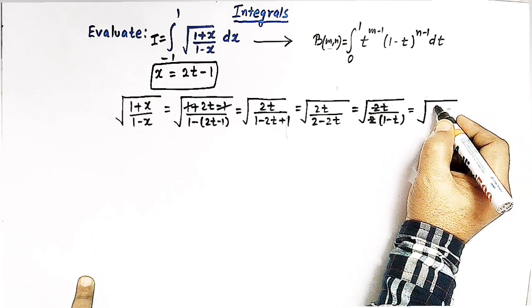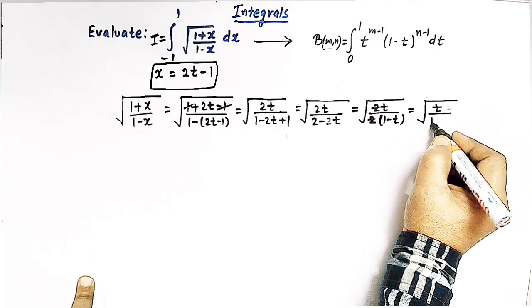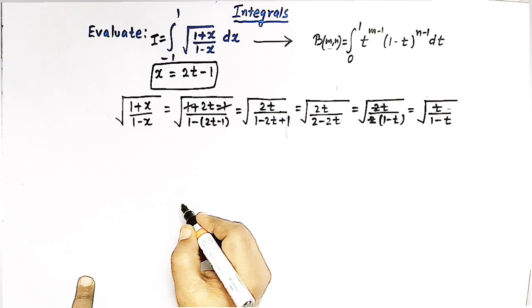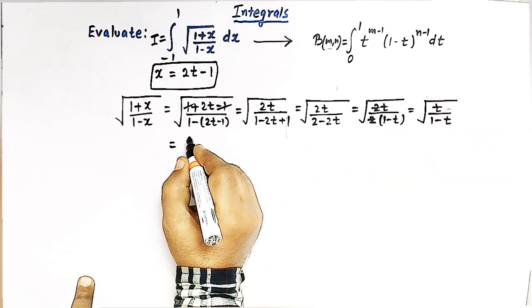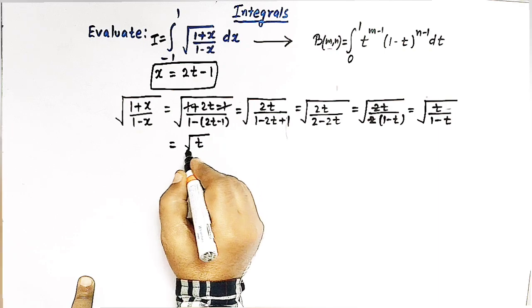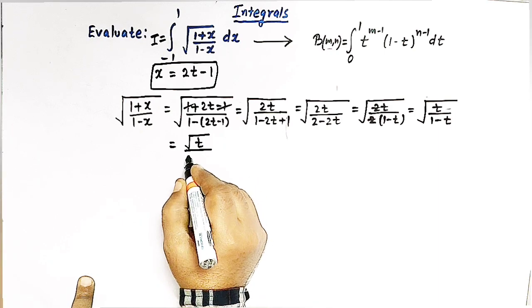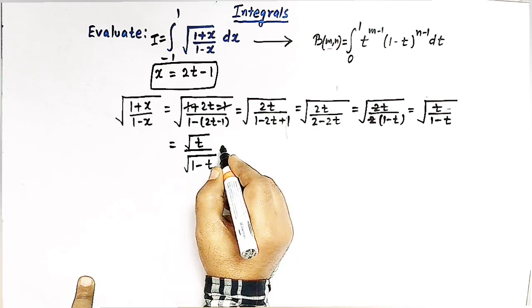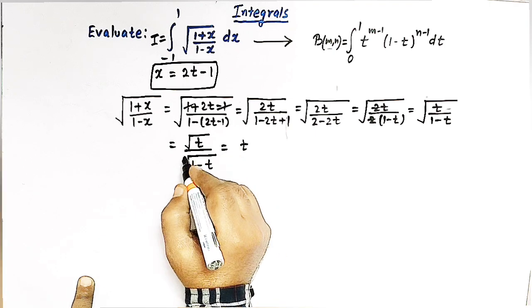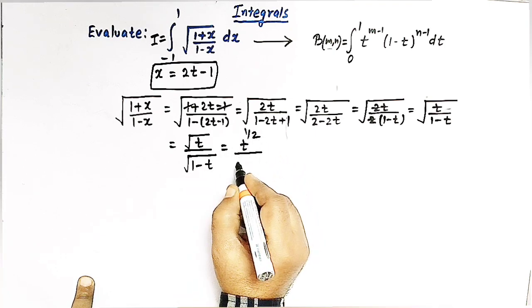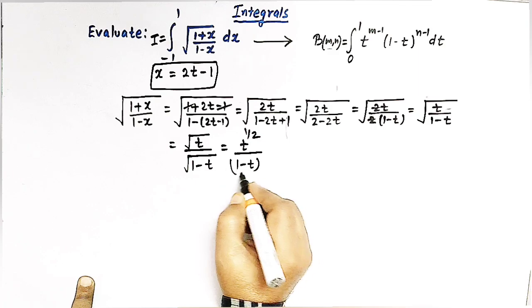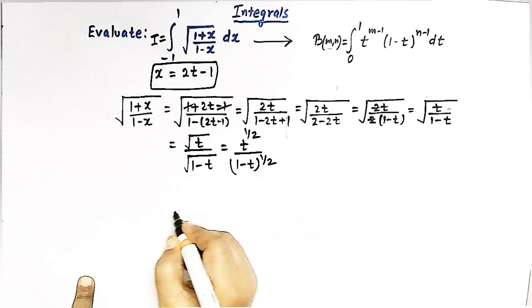So we have now square root of t over 1 minus t, right? And we can also write this expression as square root of t divided by square root of 1 minus t, and square root of t can be written as t raised to half, and here we have 1 minus t raised to half.